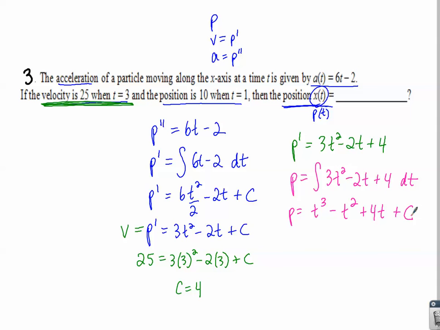But I know that the position is 10 when t is 1. So put 10 here, 1 here, solve for c, and we get c is 6. So my position function, or they want to call it x of t, is t cubed minus t squared plus 4t plus 6.